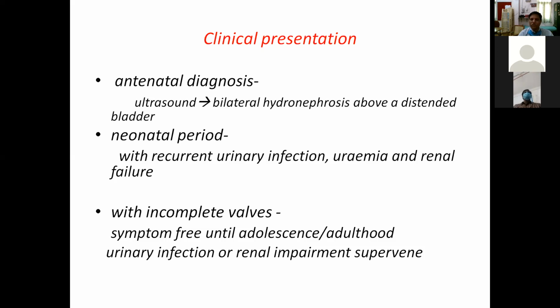In such cases, when you do the urethrogram or cystogram, you can find indications of urethral valves. So antenatally you can diagnose if you are careful. In the neonatal period, if you are suspicious, you can diagnose. In neglected or missed cases, you can diagnose them during adolescence or adulthood.